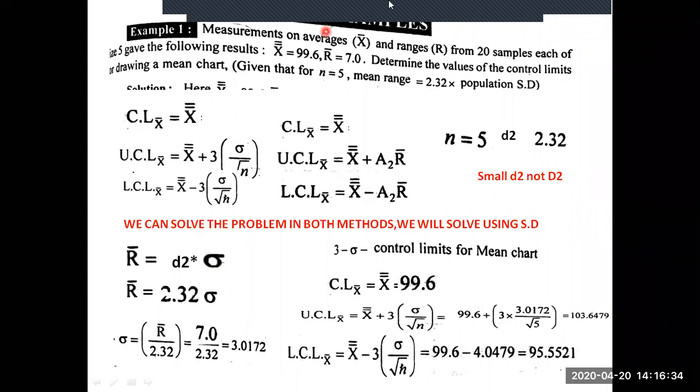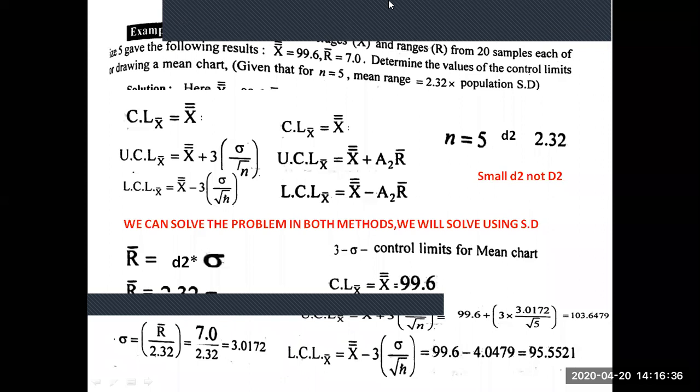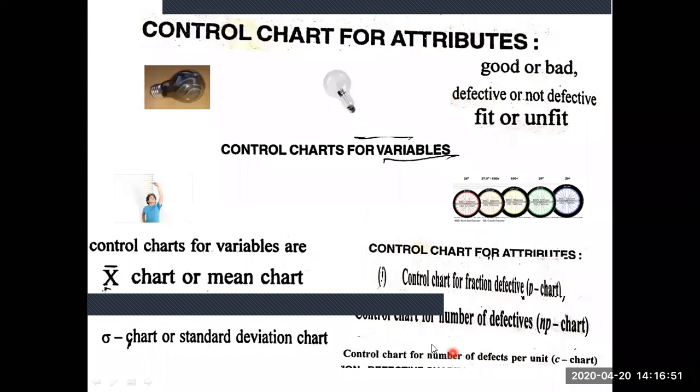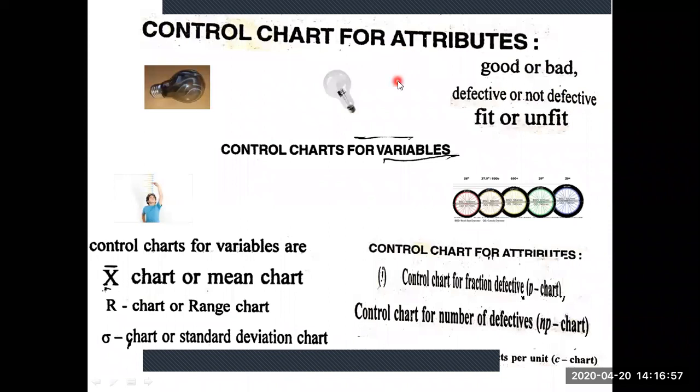So next we are going to one more model. We will discuss the control charts for attributes.